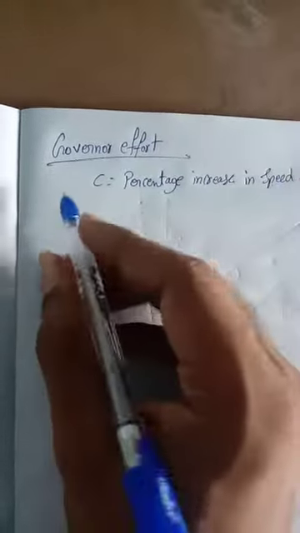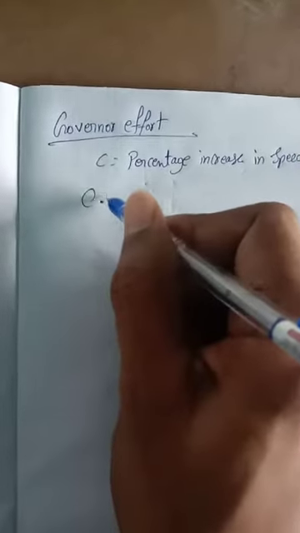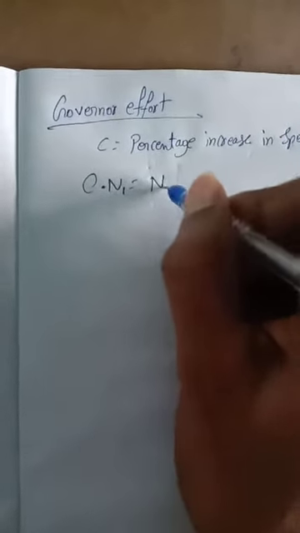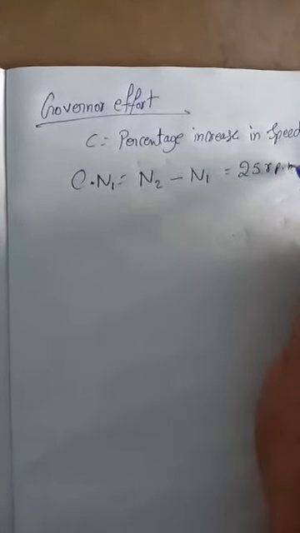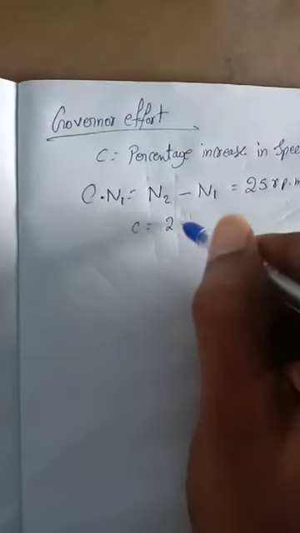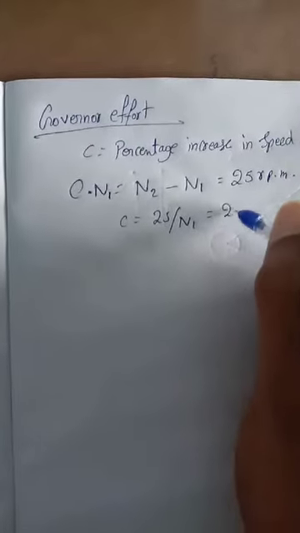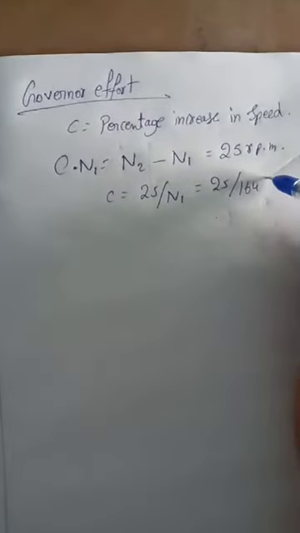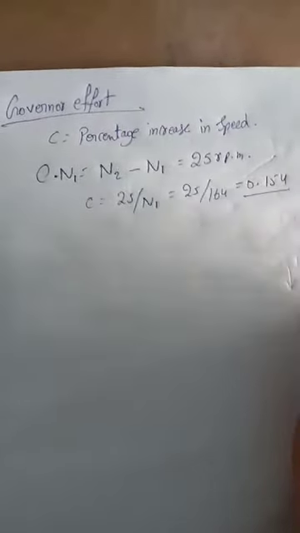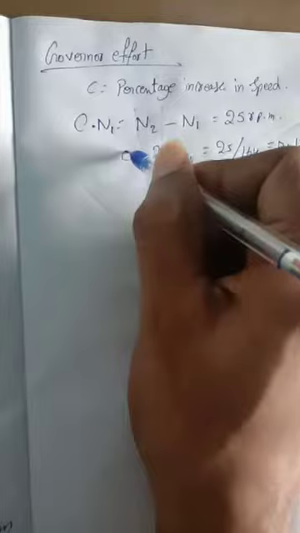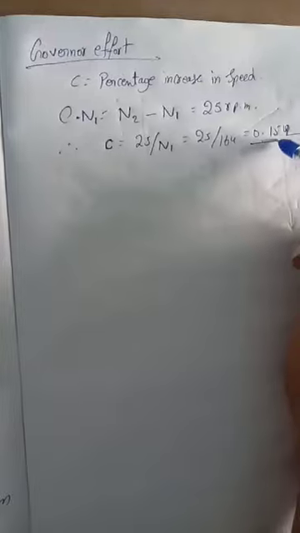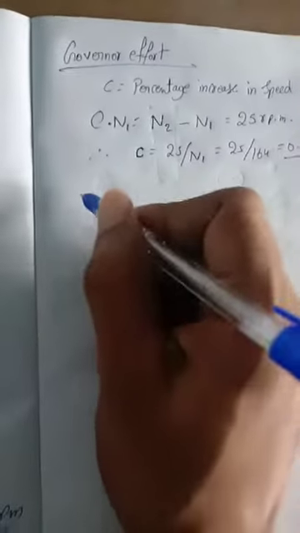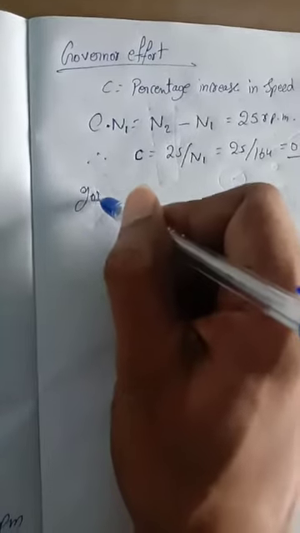So we know that the increase in speed, or range of speed, c·N1 is equal to N2 minus N1, that is 25 rpm. Then c is equal to 25 divided by N1, so 25 divided by 164, that is 0.154. Small c, you can take small c. So therefore c is equal to 0.152. There are no units.